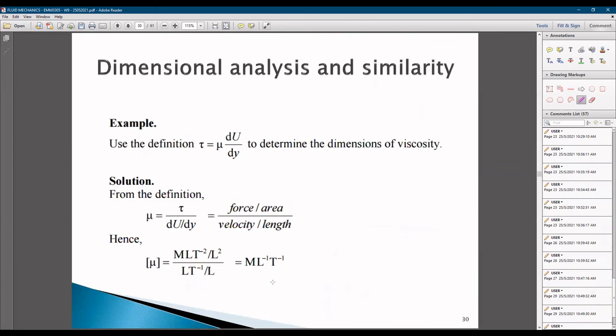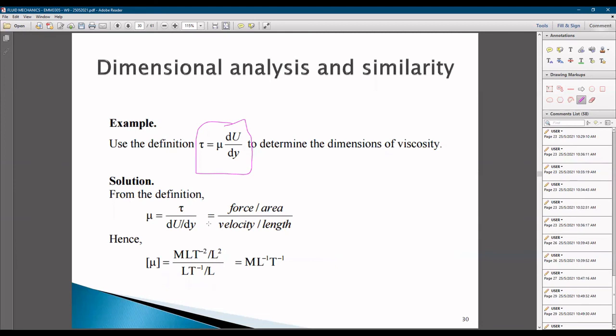Dimensional analysis and similarity. This is another example. We have the viscosity, and we want to determine the dimension of viscosity. Of course, you just rearrange this equation.